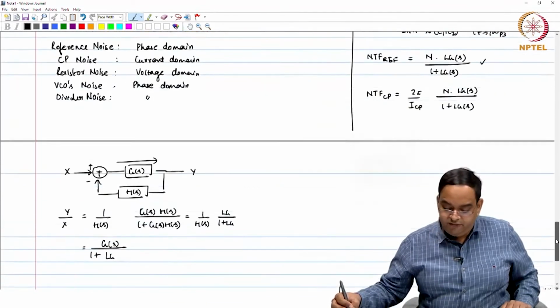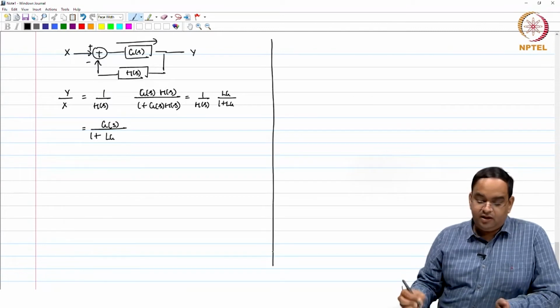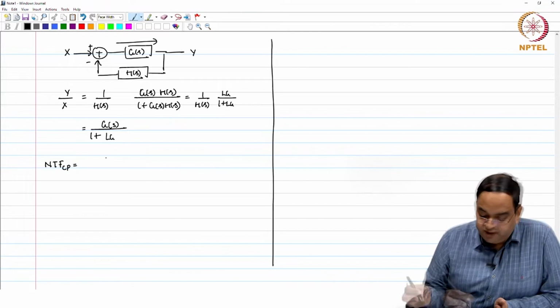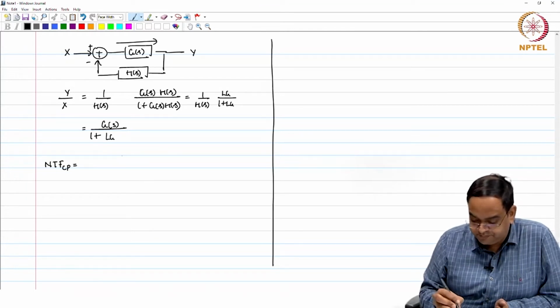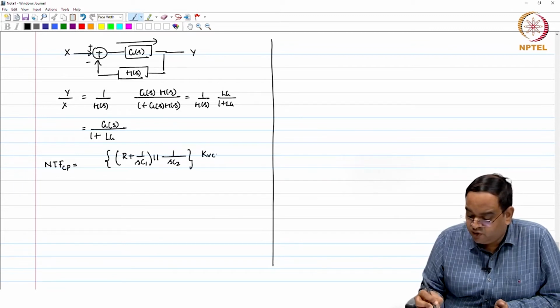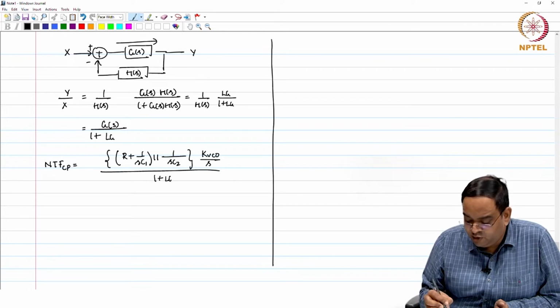Now, if you want to do it directly, well, you can do it brute force also: NTF of charge pump is forward path gain, which is your R in series with 1 over SC1, in parallel with 1 over SC2, times KVCO over S. This is forward path gain divided by 1 plus loop gain.